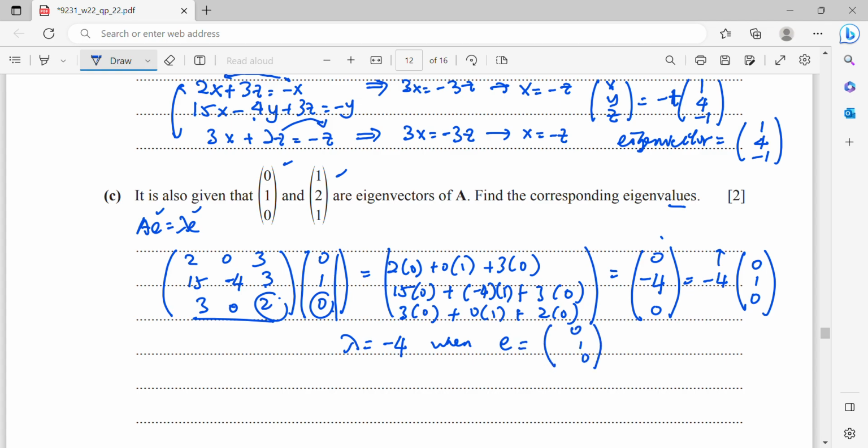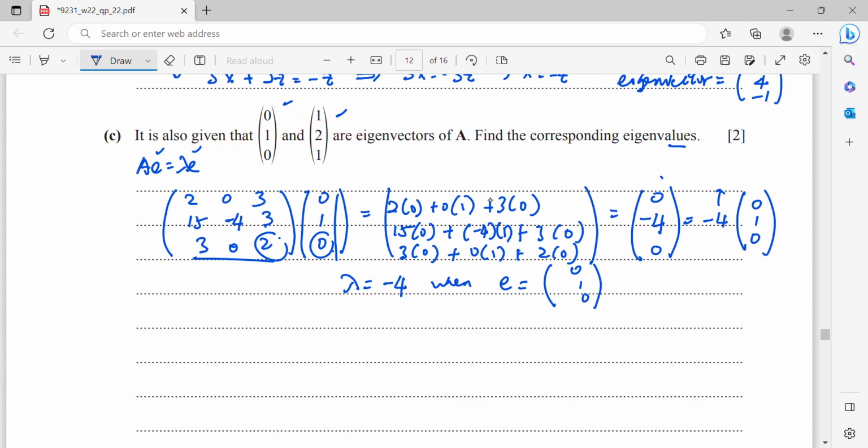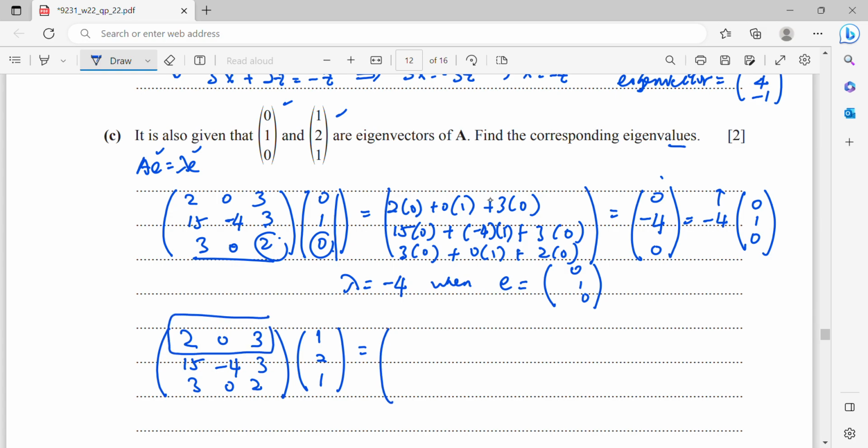Now same for the next eigenvector. So just repeat the steps. This is matrix A, multiplied with 1, 2, 1. Okay, so now do expansion, row times column. So row 1 times column.